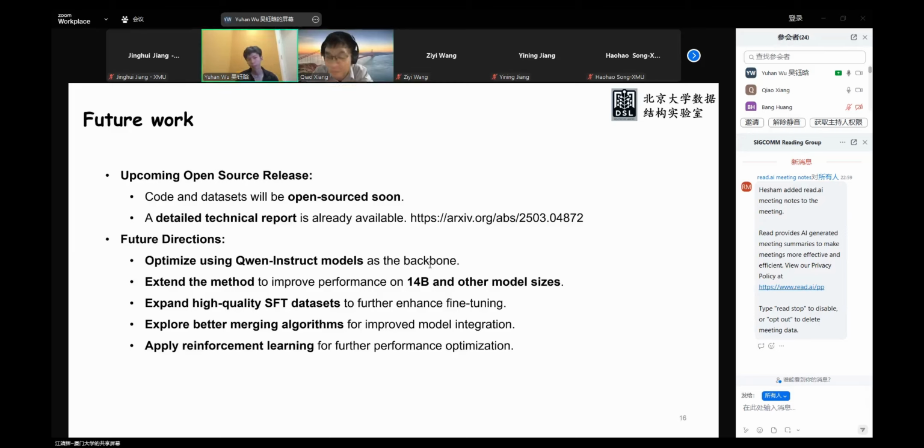My question is, are you referring to applying reinforcement learning to your branch and merged model, or just any other large language model in general?